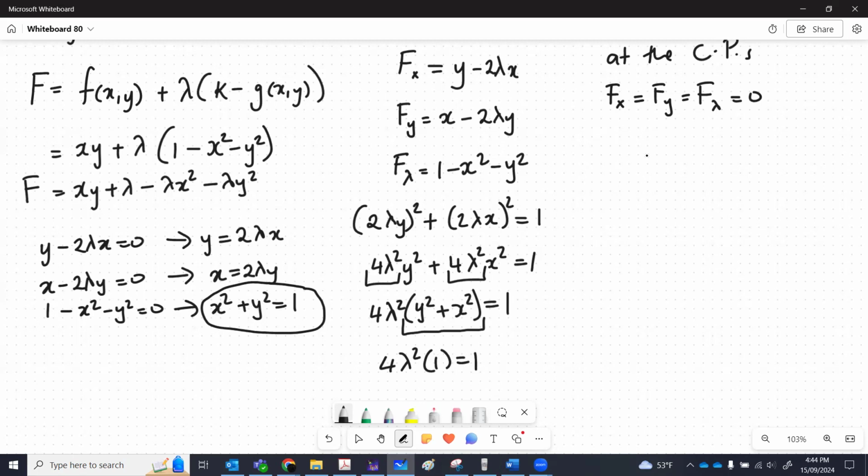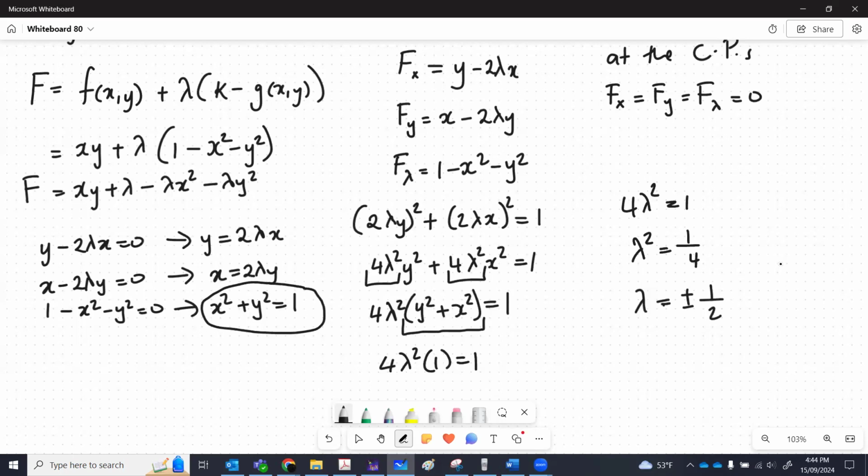So what I actually have is 4 lambda squared is equal to 1. Lambda squared is equal to 1 over 4, and so lambda is equal to plus or minus a half. So we take the plus or minus square root on both sides.